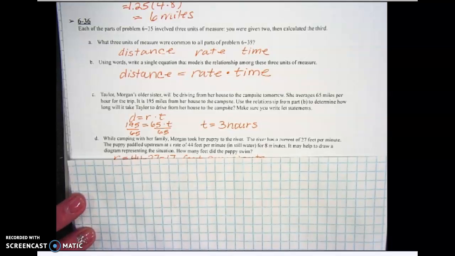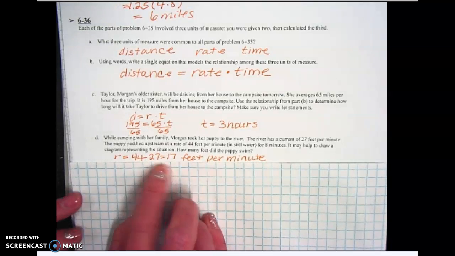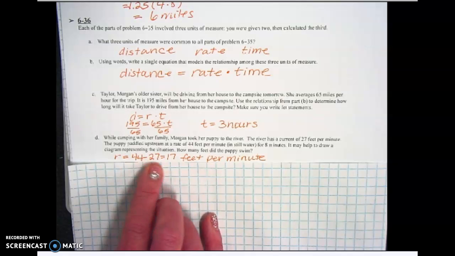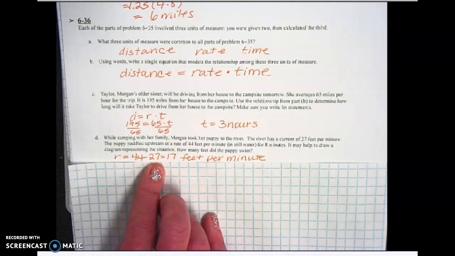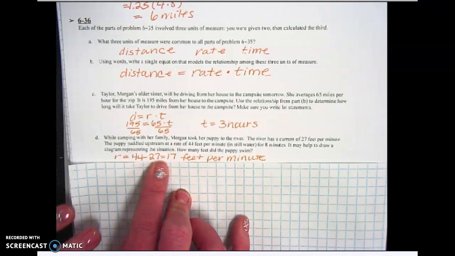Okay, so here's what it looks like. The rate of the puppy is determined by taking how fast the puppy swims, which is 44, minus the current. If you've ever swum in a river, sometimes that water's pushing against you, right? Does that speed you up or slow you down? Slows you down. So we have to subtract the 27 feet per minute.